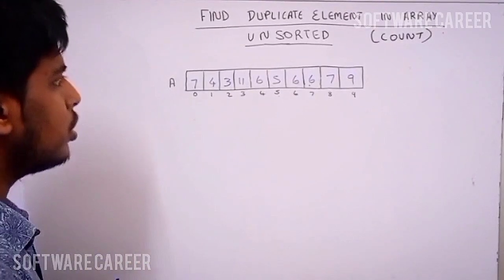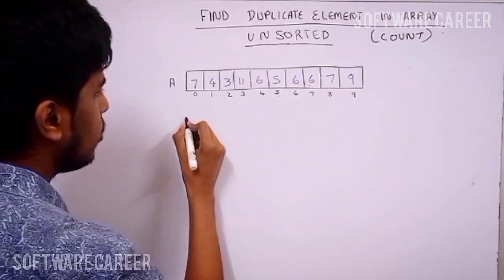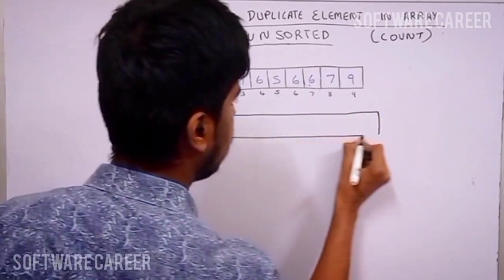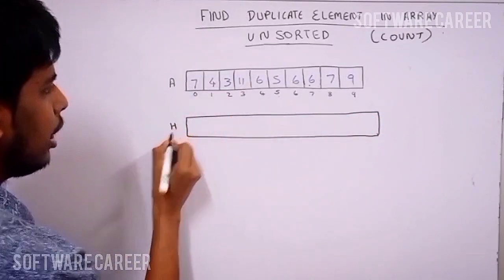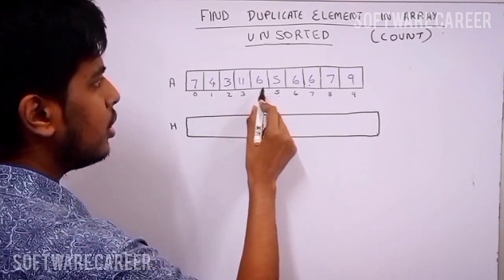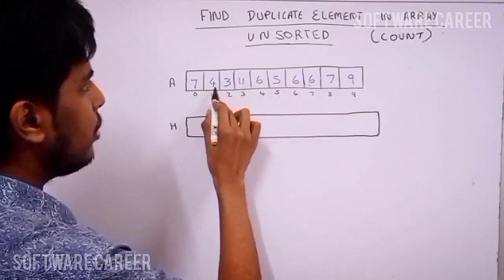Now for this you should create a hash table, H. At what size should you create it? What is the minimum element in this array? The minimum element is 3.